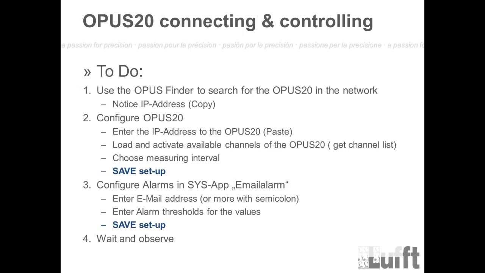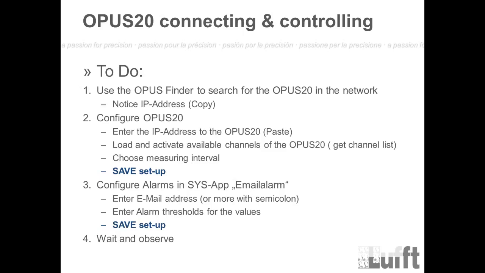For example, you copy them or you write them down. After that, you go into the Opus 20 app and you enter the IP addresses of the Opus 20 in the app. After that, you can activate the channels which you want to get. You will also get the complete channel list. And after that, you can choose the measuring interval. And then you have to save the setup.